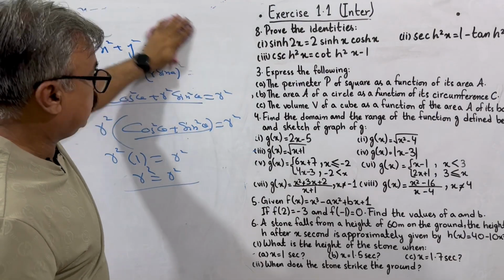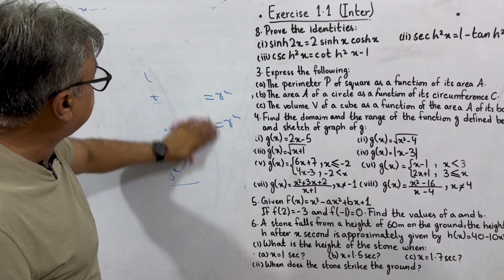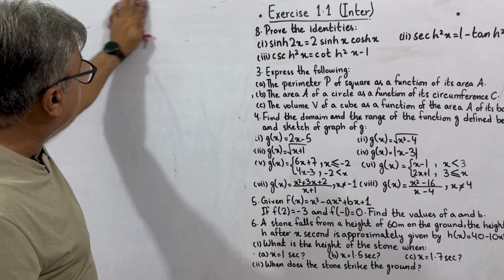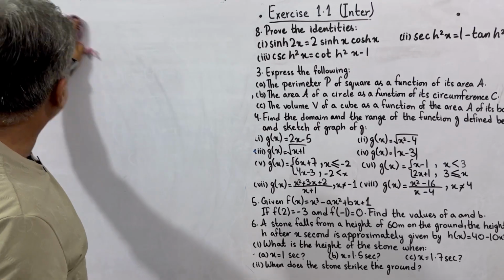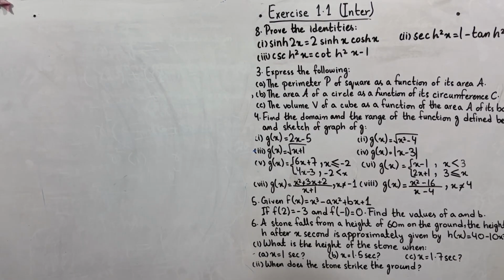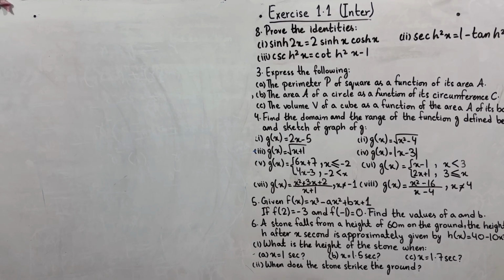Okay, cool. Moving towards question number 6. As we have garnered much space now, it's a good question. A stone falls from a height of 60 meters on the ground.